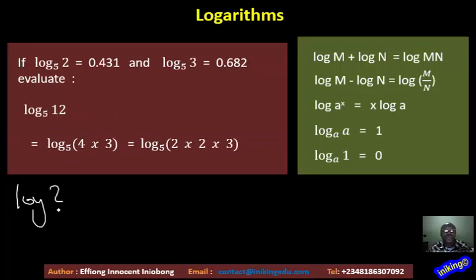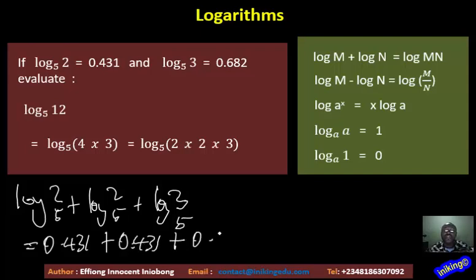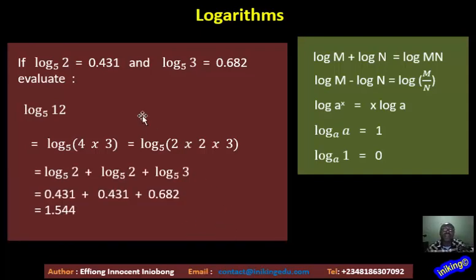Log 2 to base 5 plus log 2 to base 5 plus log 3 to base 5. Now log 2 to base 5 has been given to us as 0.431, and this is given to us again 0.431. That's log 2 to base 5, and log 3 to base 5 is 0.682. Adding this up, we have there, and that takes care of question number 3.